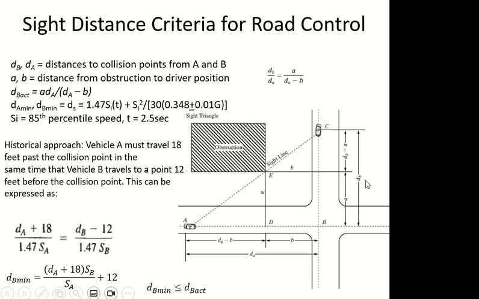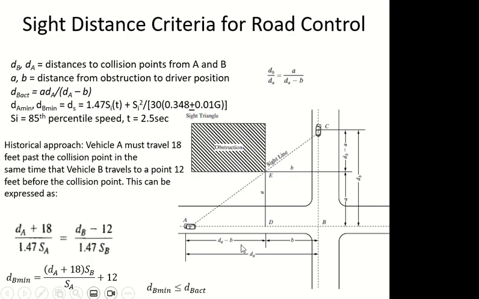So whatever is the distance dA and dB, it should be at least equal to the distance they need to stop. So you have the equation which joins A, B and the available distances to the conflict point, and you know these distances should be at least equal to the stopping sight distance.